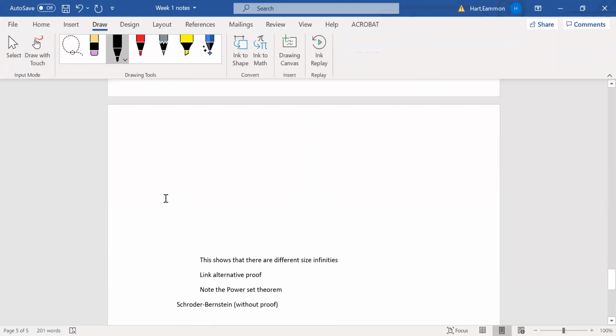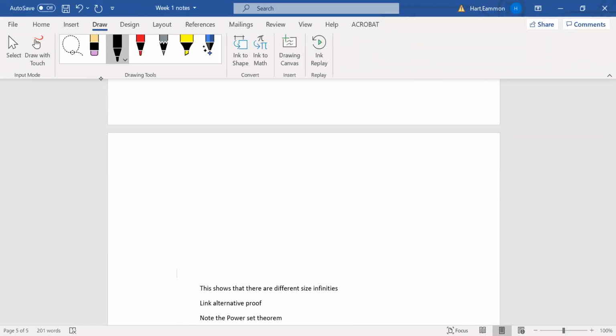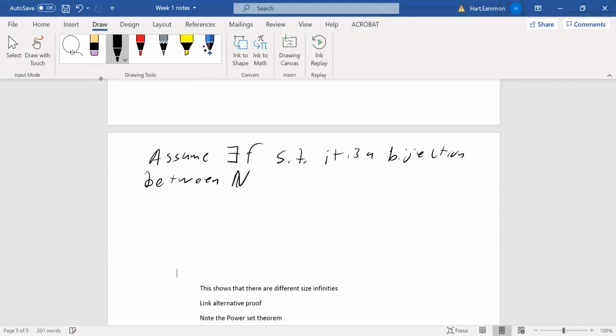Assume, this is going to be your first exposure in this class to proof by contradiction, which means we assume the opposite of the thing we want to show. So assume that there exists, that's what that backwards E sign means, a function f such that it is a bijection between the natural numbers and the real numbers.